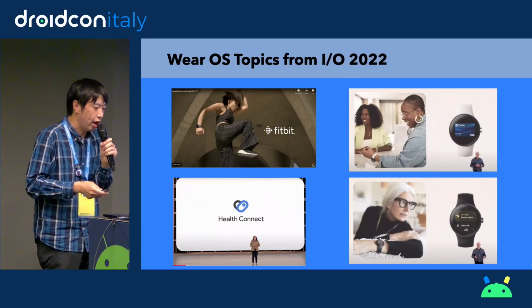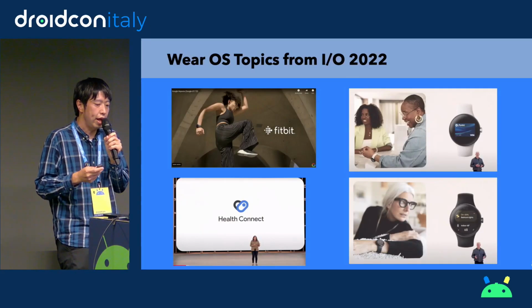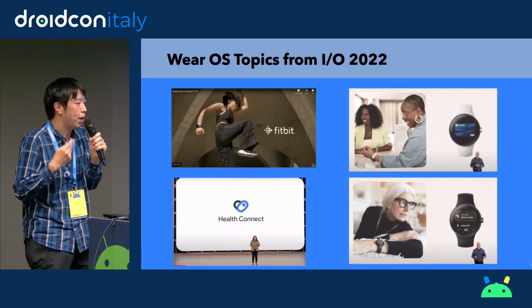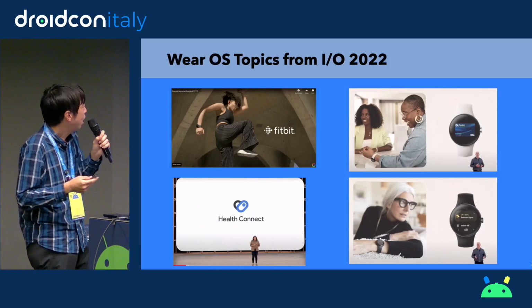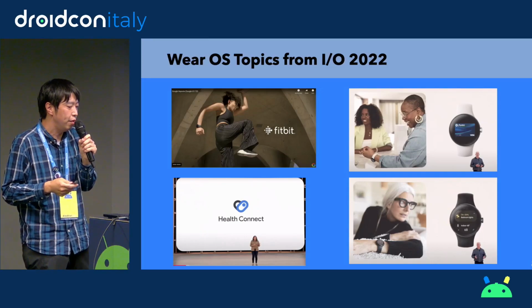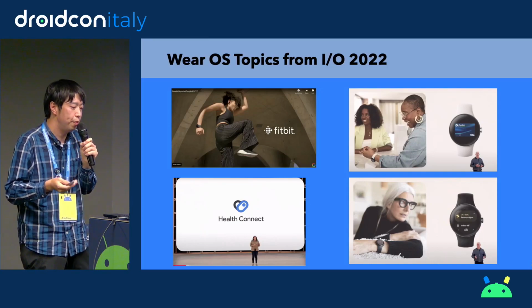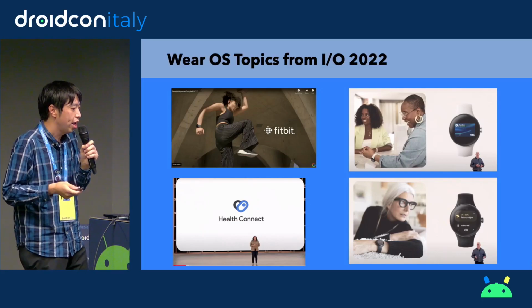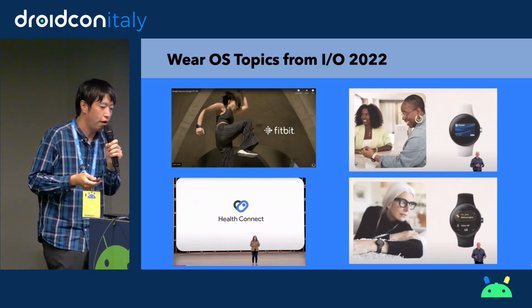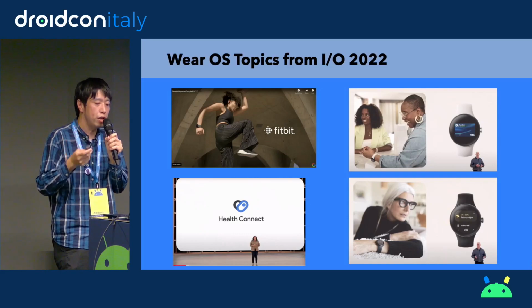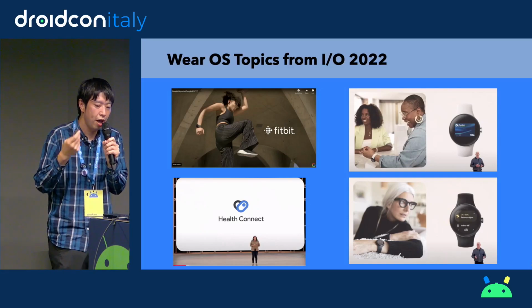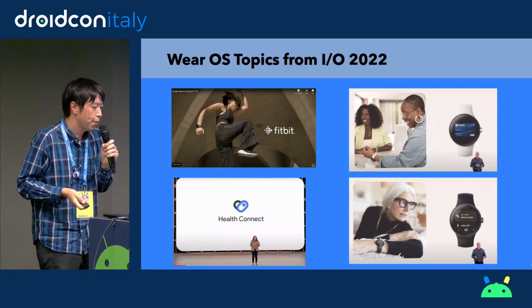Okay, before that, at first, at this year's Google I/O, many updates were announced about the relationship with Fitbit, and in more countries, we'll be able to use payment with Wear OS devices. Also, Health Connect was announced. It's a very useful toolkit when we develop Wear OS apps for health.